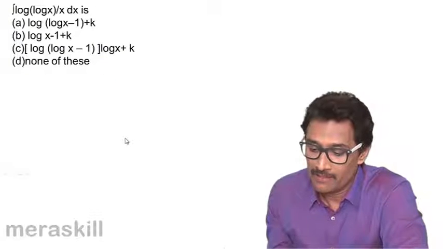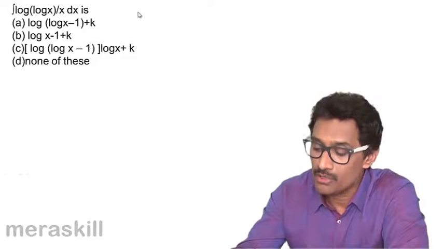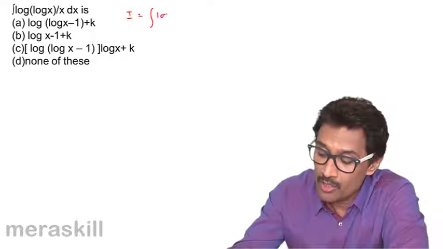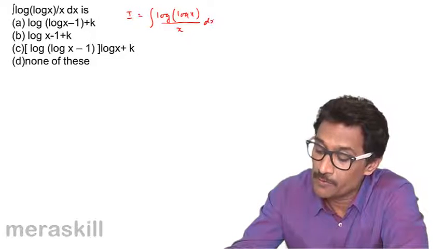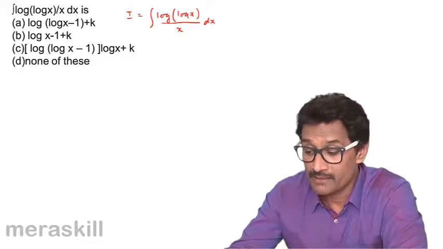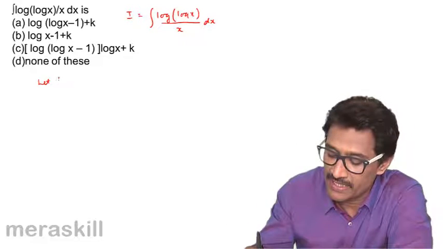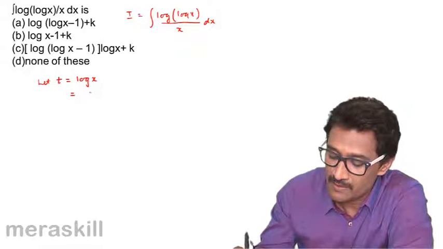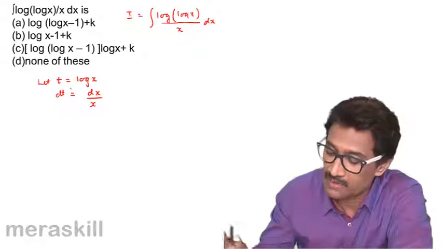Okay, right. Here now we have something much easier. Our integral I is nothing but the integral of log of log x upon x dx. We know for sure that the derivative of log x is 1 by x. So we can take t equal to log x. That means dx upon x, that is 1 by x dx, is nothing but dt.